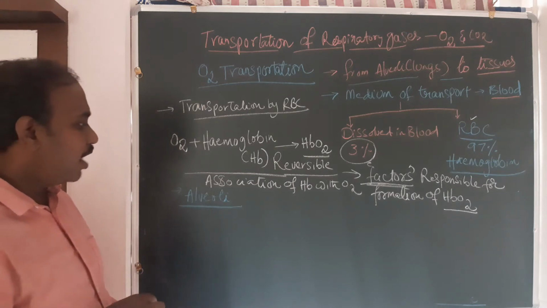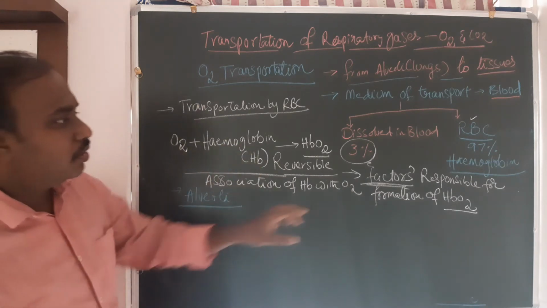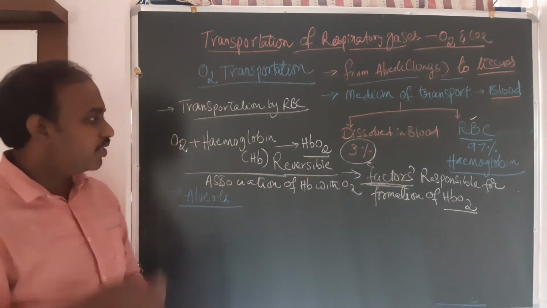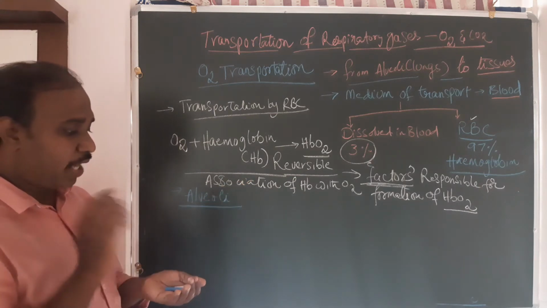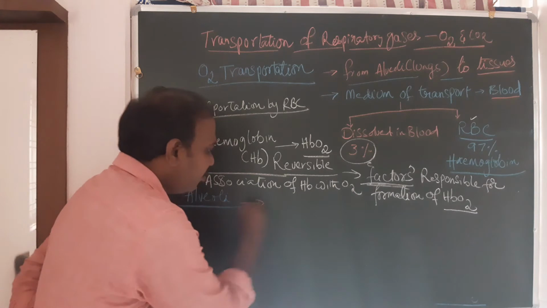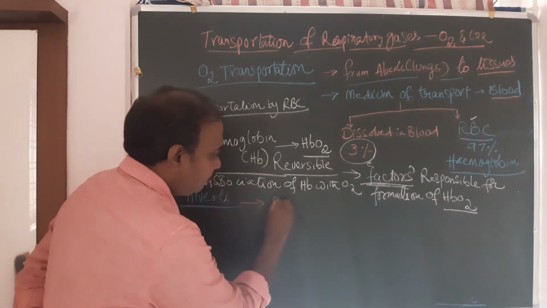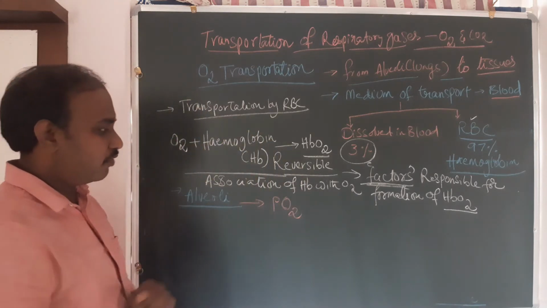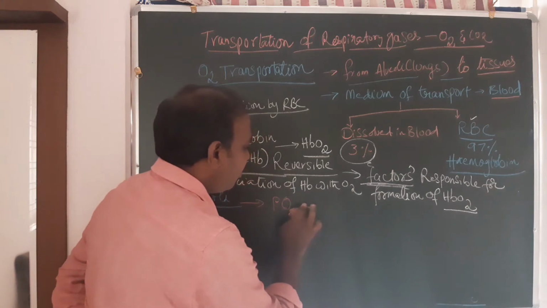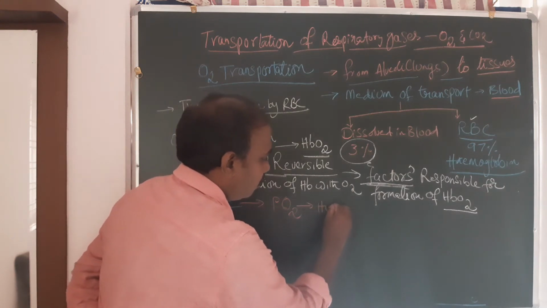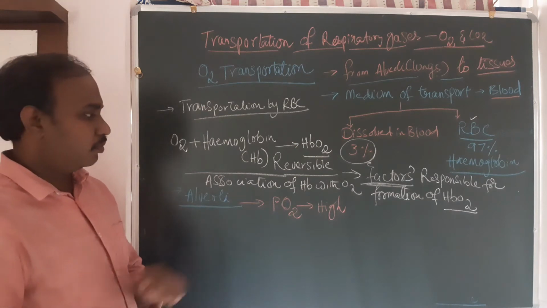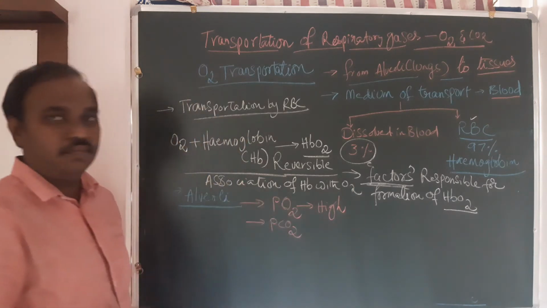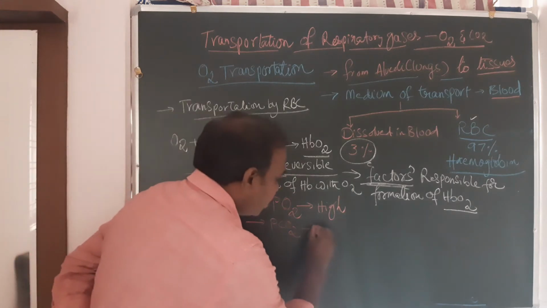Why is that? Here we have the desired conditions. What are the so-called desired conditions for this association to happen? In the alveoli we have a high partial pressure for oxygen, high PO2. What about the partial pressure for CO2? It is less.